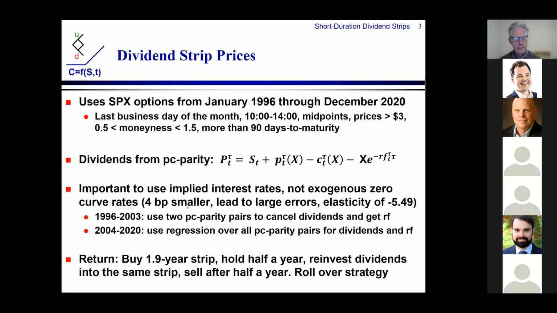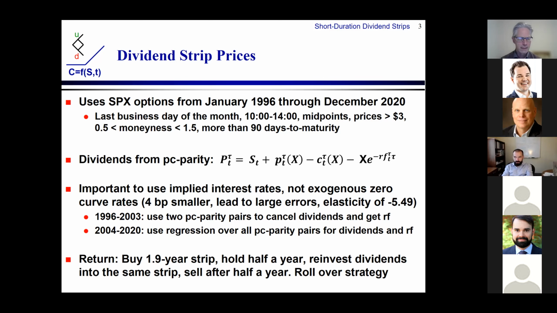which could easily lead one to believe that, well, 4 basis points, it shouldn't matter that very much. But indeed it does. What happens is the 4 basis points might be small, but the elasticity of errors in the returns on the strip introduced by some kind of small error in the interest rate is actually a rather large minus 5.49.